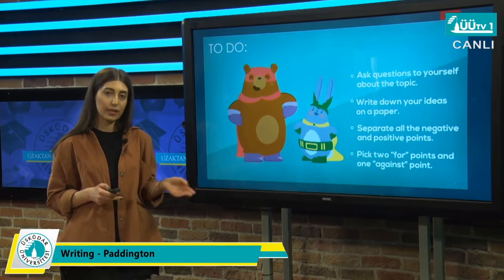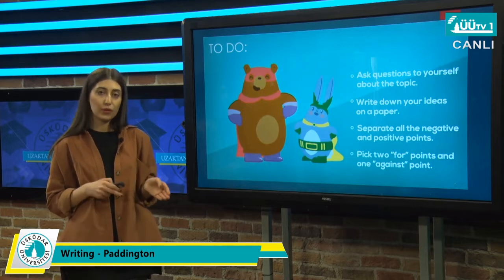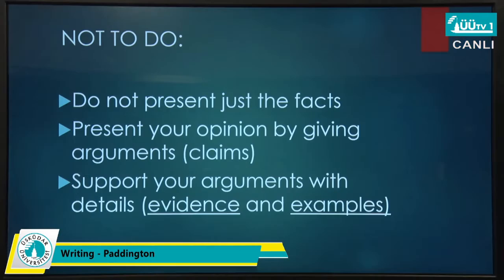I'm gonna explain to you later about these for and against points. What you shouldn't do: do not present just the facts. You have to present your opinion by giving arguments or claims. And moreover, not just giving your arguments, but you have to support these arguments with details, with evidence and examples.